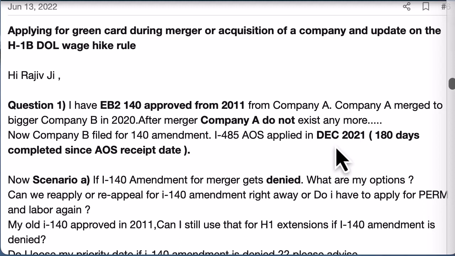So normally, if there is a merger or acquisition, there is one situation under which it has no impact on anybody's immigration processing.